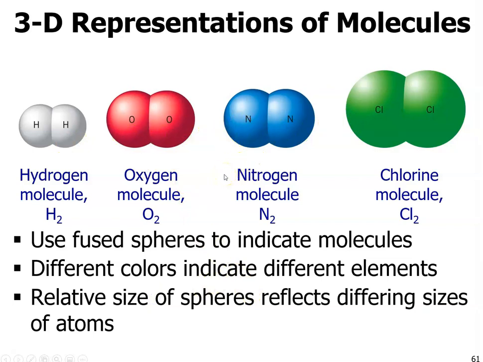Again, we looked at the periodic table trends worksheet, which gives you the idea of why we have different shells with different sizes, and those are reflected in these 3D representations.